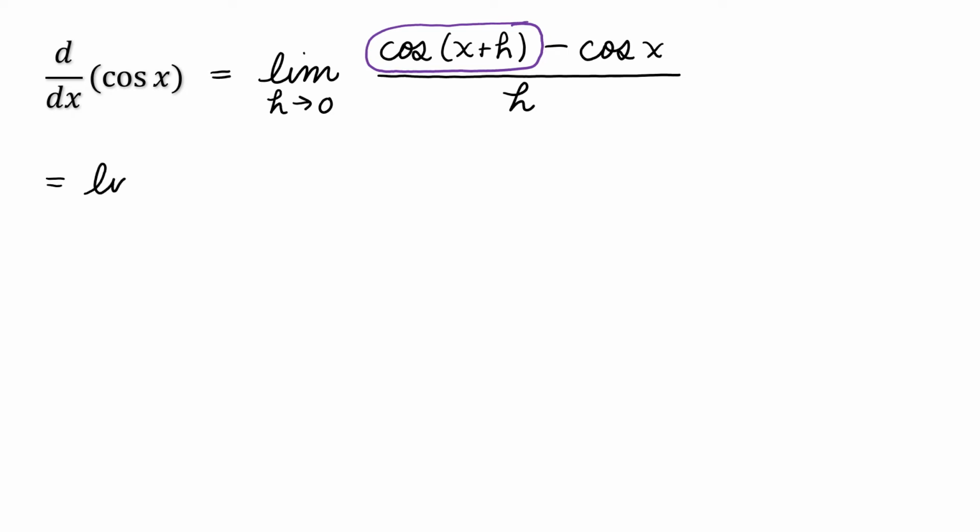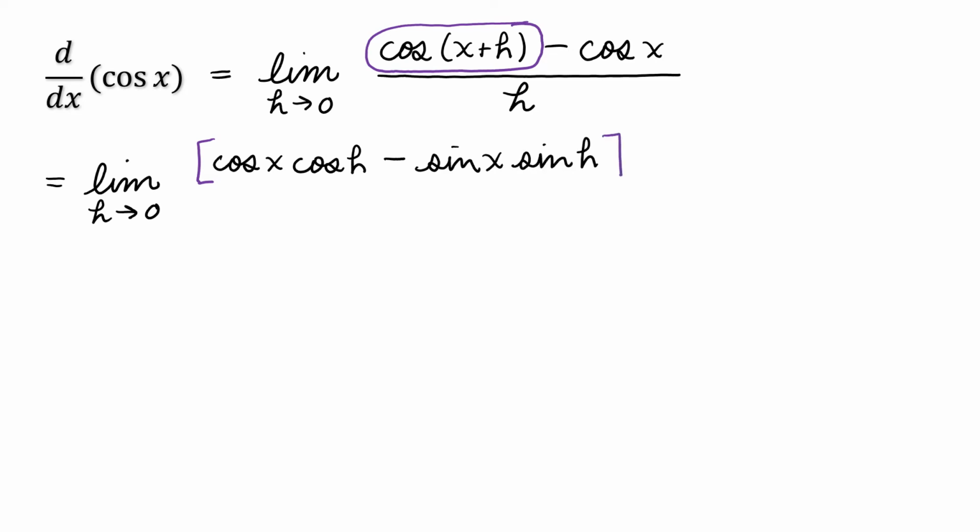So this is equal to the limit as h approaches 0 of, well, cosine of x plus h will be equal to cosine of x, cosine of h, minus sine of x, sine of h.